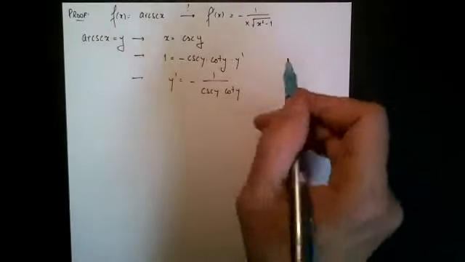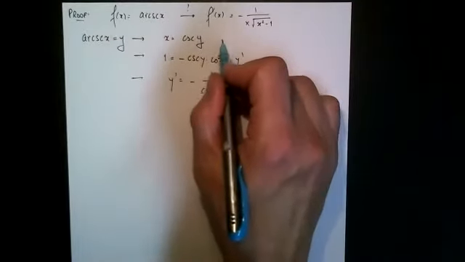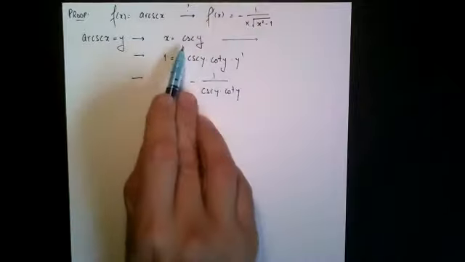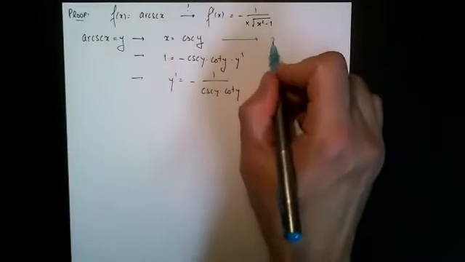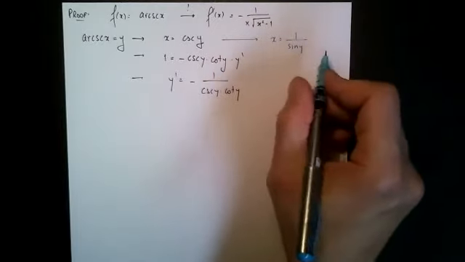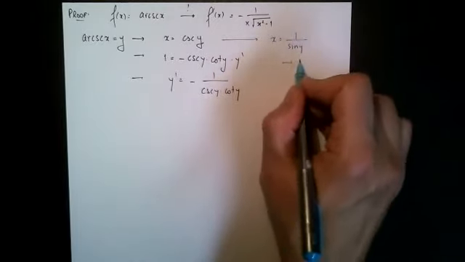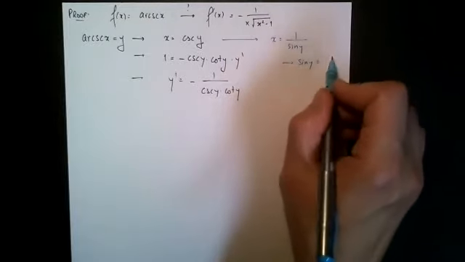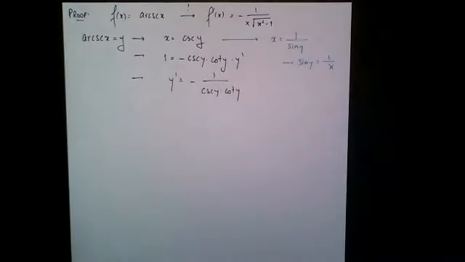Okay, so just a quick reminder here that cosecant is 1 over sine. So x is equal to 1 over sine of y, which means that if I isolate sine y, I will get 1 over x.